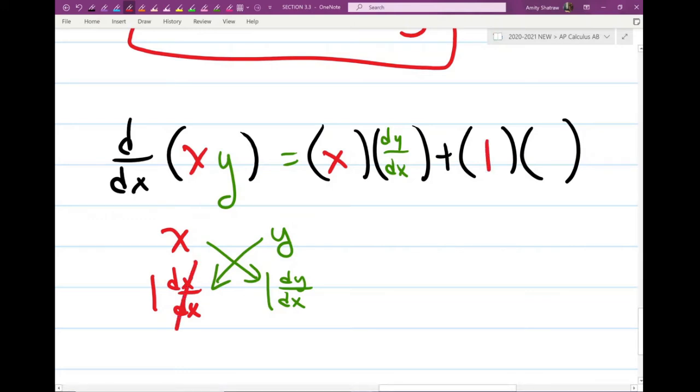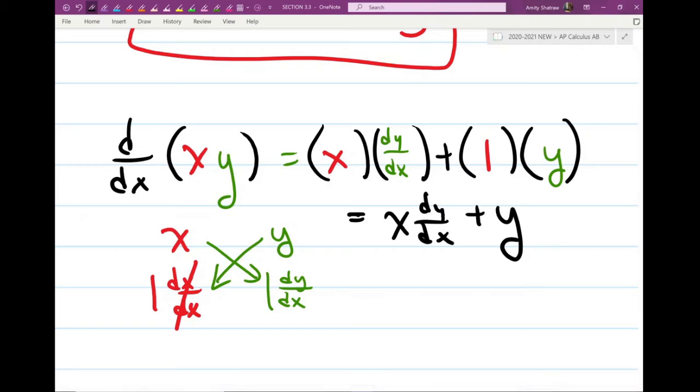This is just a 1. Okay, again, very boring. And what is it multiplied by? Just a y. So when you memorize this, this is what you want to memorize. Ready? x dy dx plus y. The derivative of the product x times y is x times dy dx plus y.